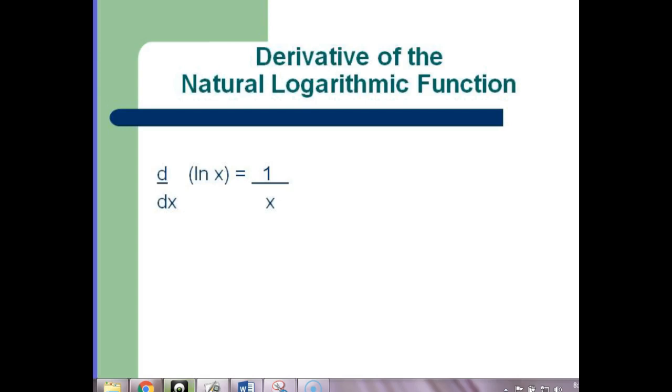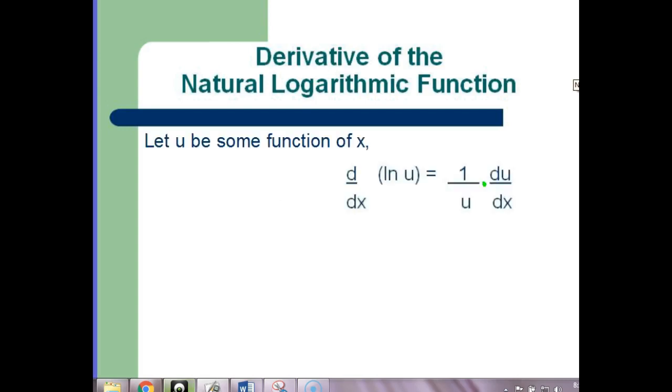Because it wasn't meant to be a trick. If x is something other than x, you multiply by the derivative of it. So if it's d dx of ln u, then it's 1 over u times du dx. It's always the u and the u prime. That's how inverse trig was.